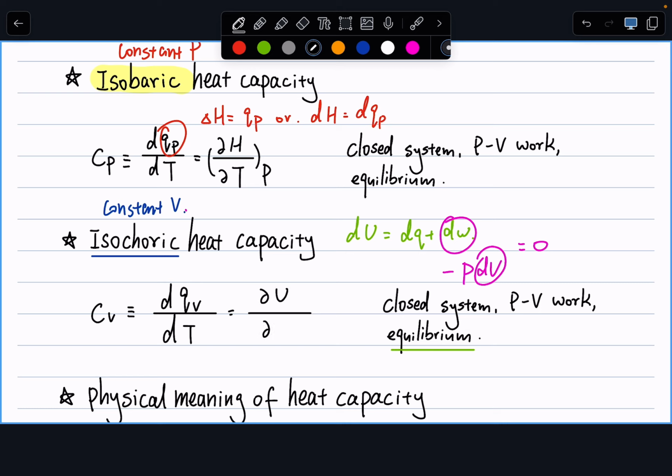Or we can rewrite Cv as the partial derivative of internal energy with respect to temperature at constant volume. For the rest of this course, we will be using these relationships pretty often because they are generally true as long as we have a closed system with reversible PV work only.